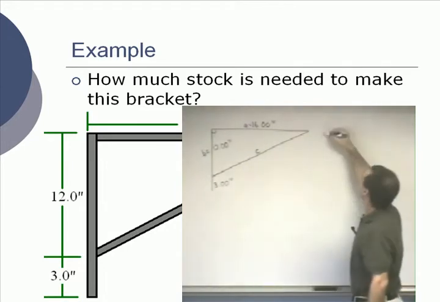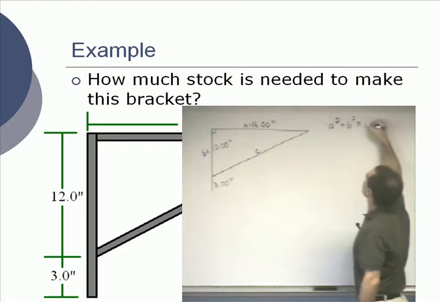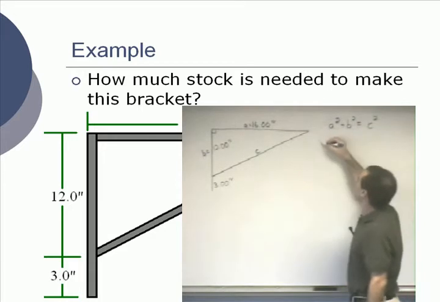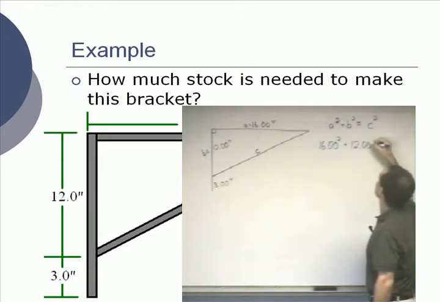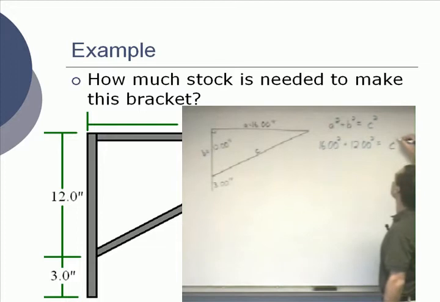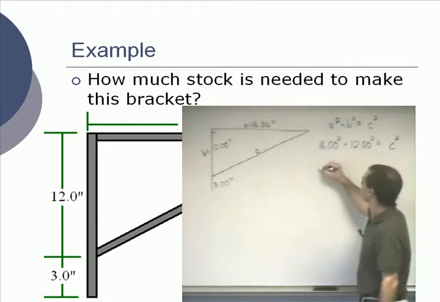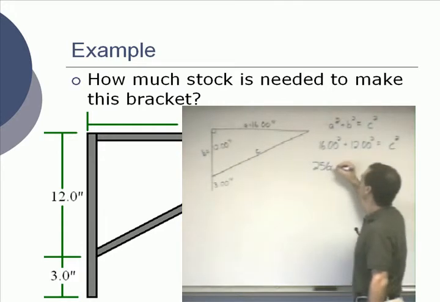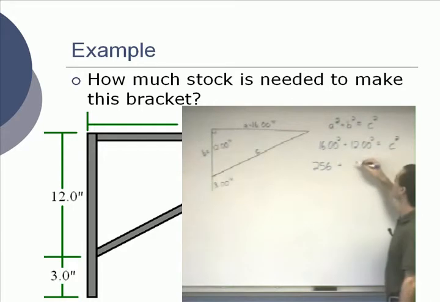So we know that our 16-inch side squared plus the 12-inch side squared is equal to the hypotenuse squared. 16 squared is 256. Twelve inches squared is 144.